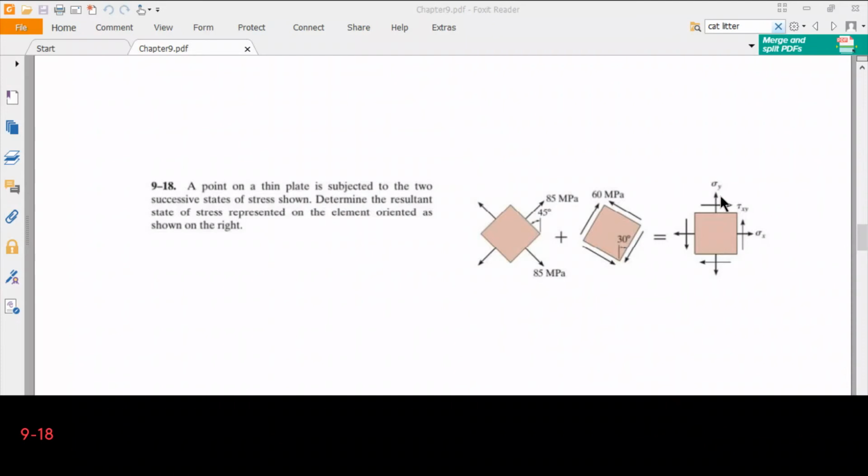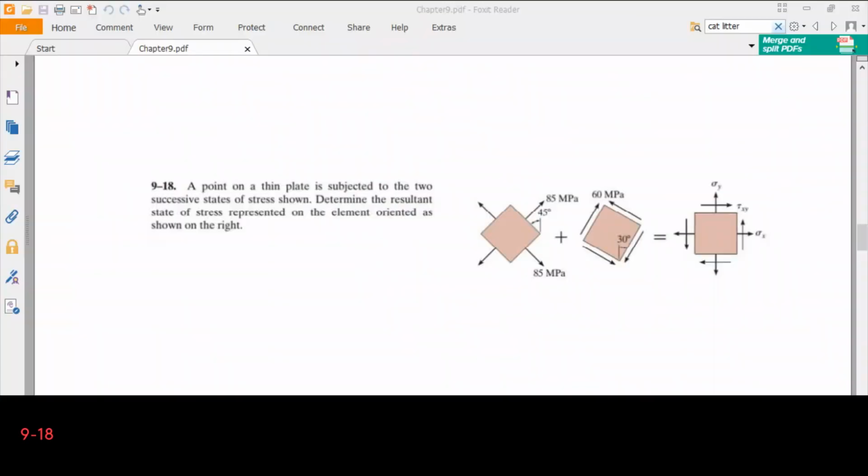Okay, so first thing that we have to do is let's switch the coordinate axis and let's write the angles in fact. Certainly if we assume that this is our x-axis and this is our y-axis, the total angle with the x-axis is 315 then. So let's write the state of stresses.